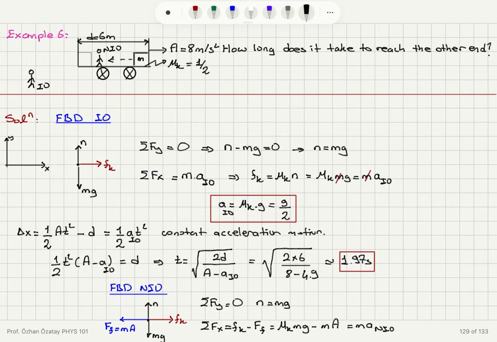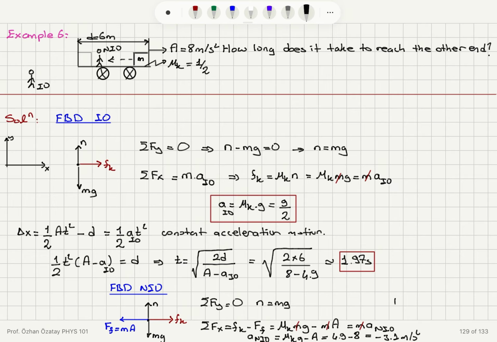Well, because masses will cancel here, we will find that the acceleration reported by the non-inertial observer can be written as mu k times g minus capital A. So this is 4.9 minus 8 meters per second square, which is minus 3.1 meters per second square.